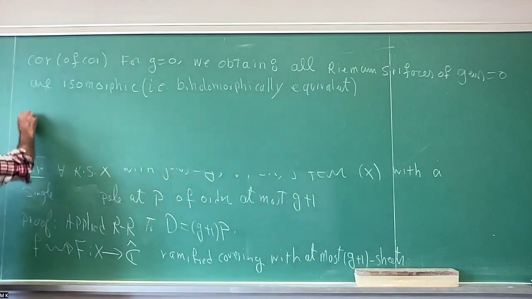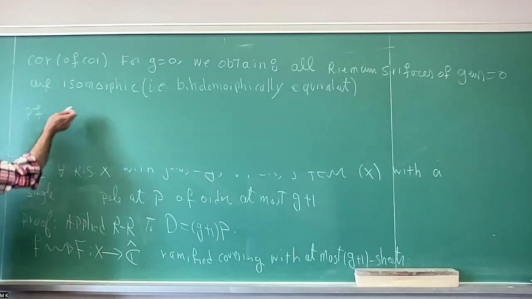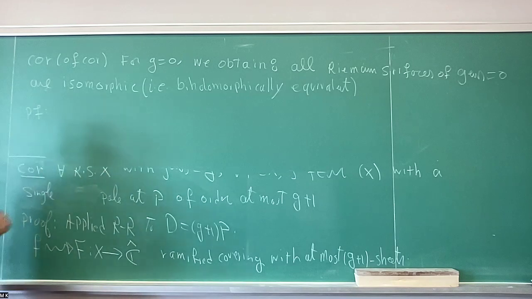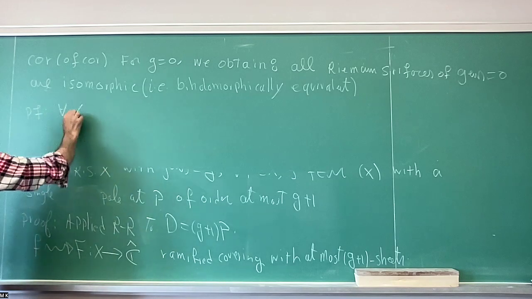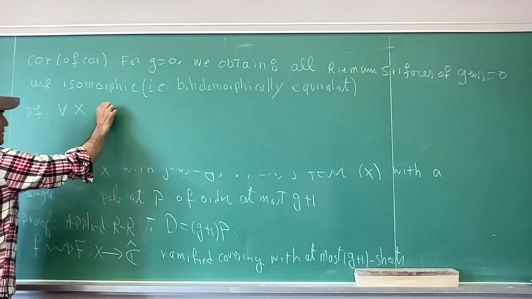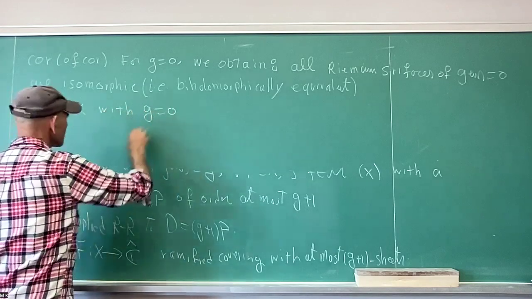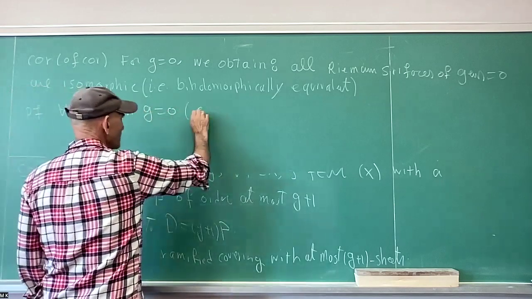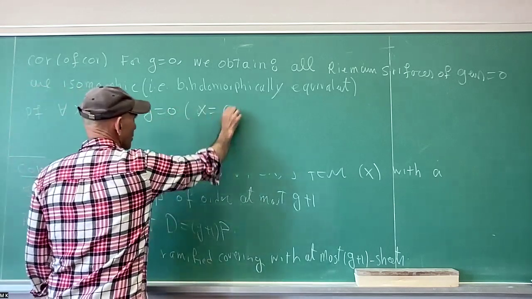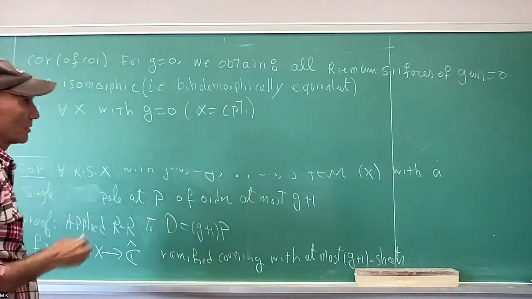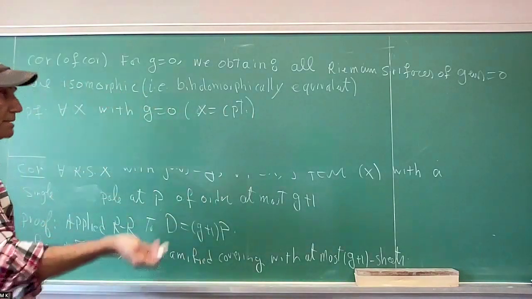So proof: well, let G be equal to 0 in the corollary. Basically I'm saying that for any X with genus equal to 0, of course compact. Let's not forget that. We just have compact, because otherwise genus doesn't even make sense, right?